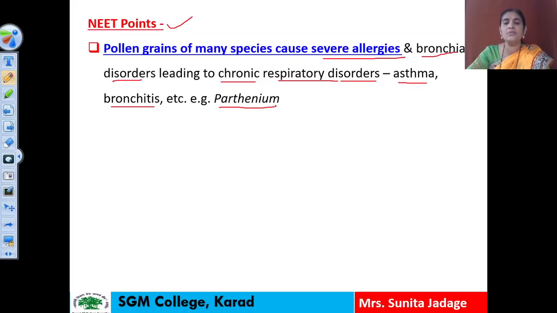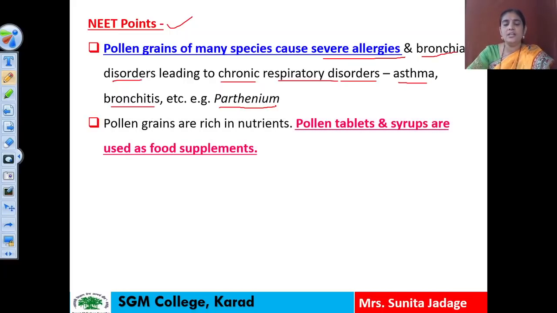Here the example is given, Parthenium hysterophorus, that is carrot grass which is present as a weed in our crop field, and the pollen grains of this Parthenium are responsible for causing severe allergies. This is the first NEET point.